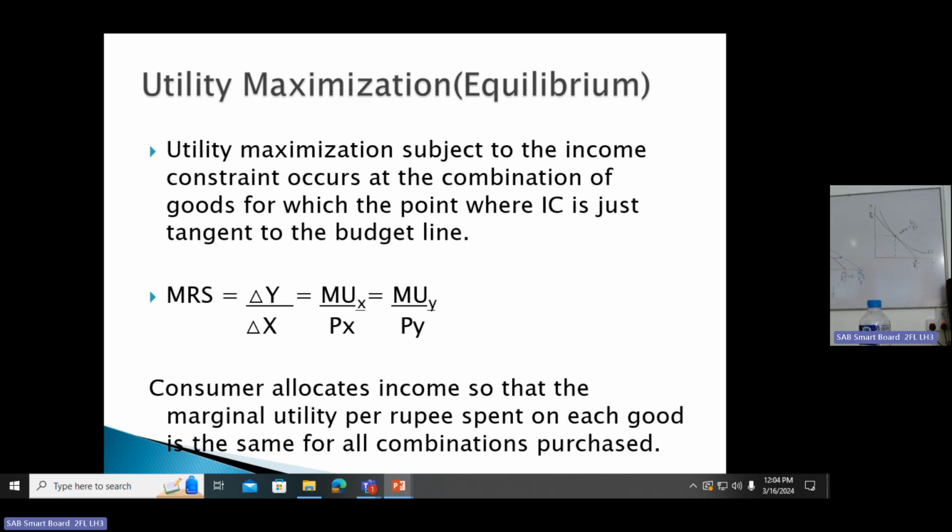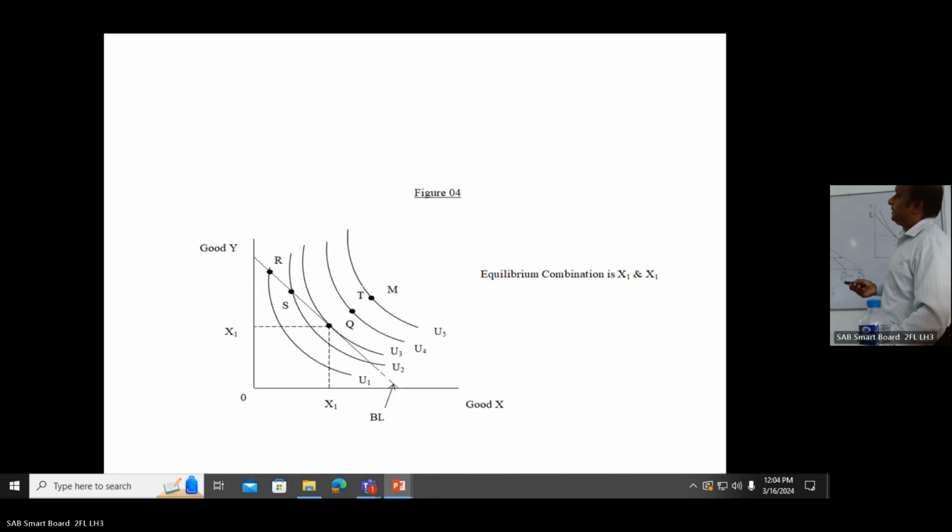At this point, the slope of the indifference curve and the slope of the budget line are also equal, and that means the price ratio equals the marginal rate of substitution. All these are equal. So that is the concept of equilibrium.